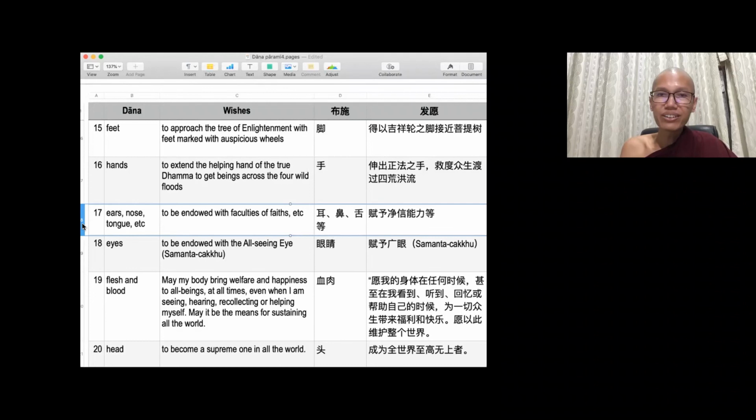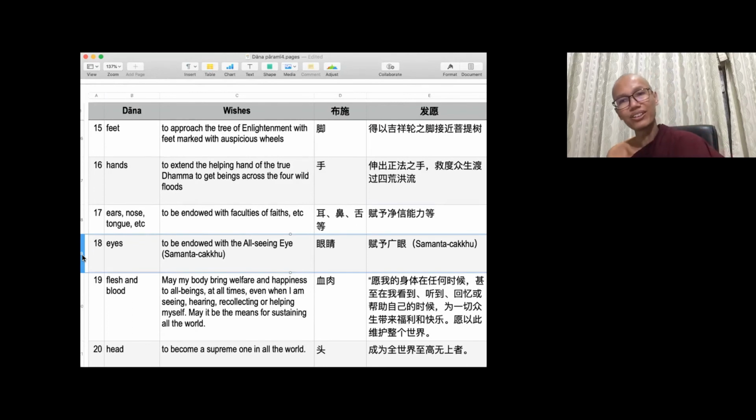Okay, next one. Eyes donation. To be endowed with the all-seeing eye, Samanta Chakkhu. All-seeing eye means omniscient knowledge. To get omniscient knowledge, the Bodhisattva donated eyes.